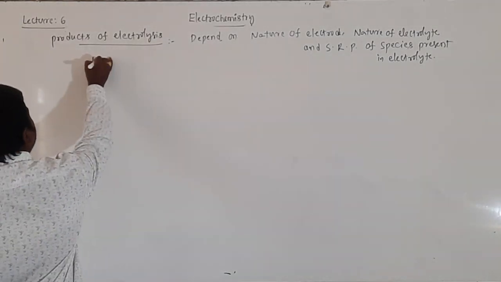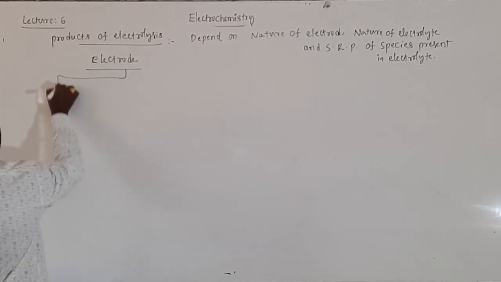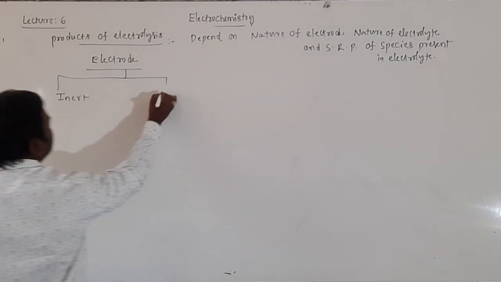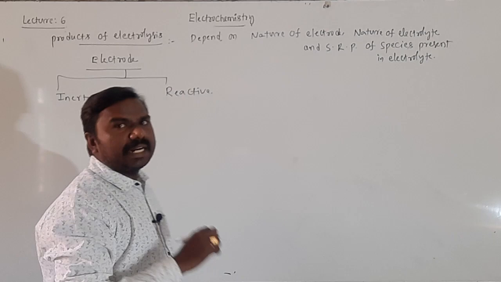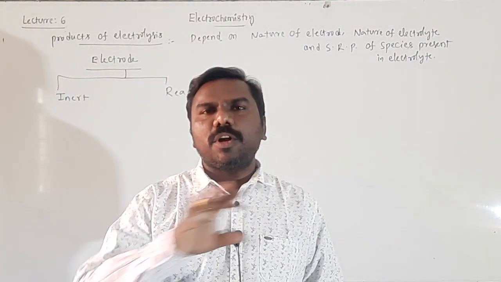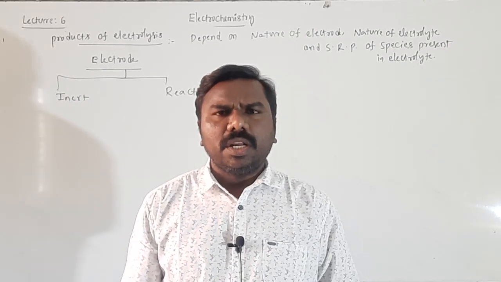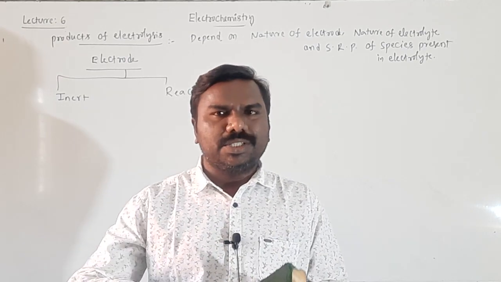First one, electrode. Electrodes are of two types: inert electrodes and reactive electrodes. Inert means it will not participate in a cell reaction, whether oxidation or reduction. It only provides a surface for oxidation or reduction.